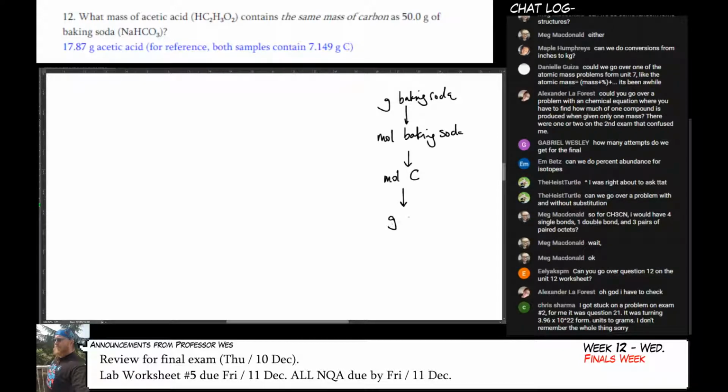Once you know that amount, you could then instead do this, and say, okay, well, this amount of carbon in acetic acid would be moles of carbon, moles of acetic acid, grams of acetic acid.